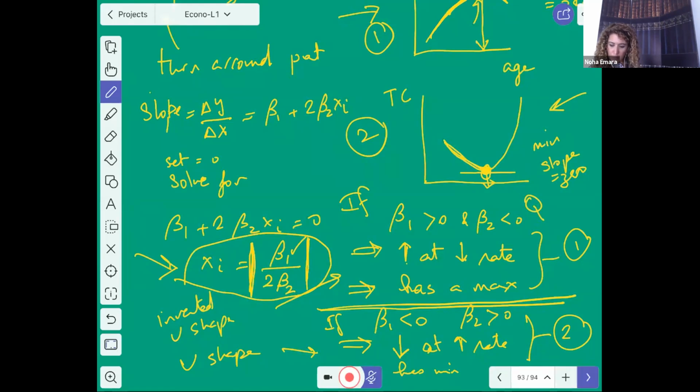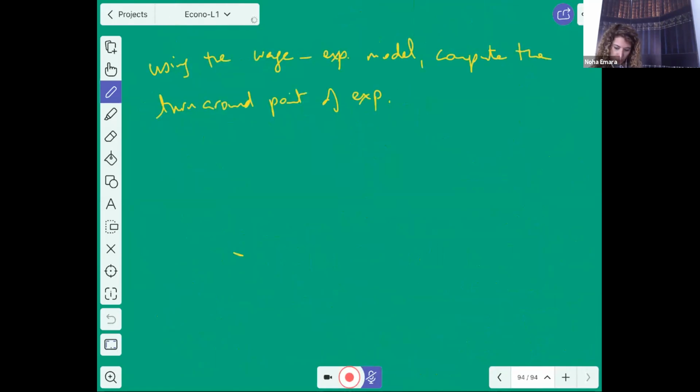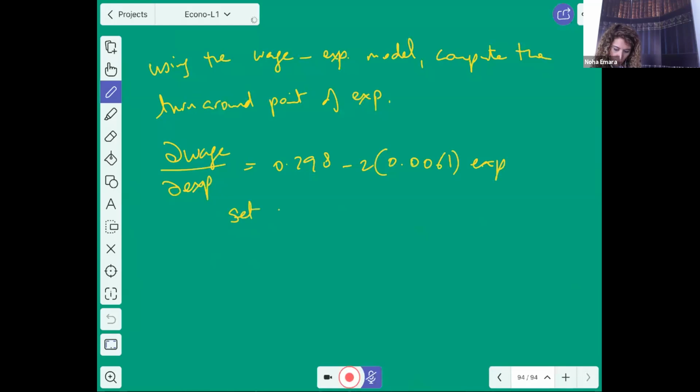Remember, your model is: the change in wage because of the change in experience is equal to 0.298 minus 2 times 0.0061 times experience. I keep writing it so you're not lost. Now set the slope equal to 0 and solve for experience.